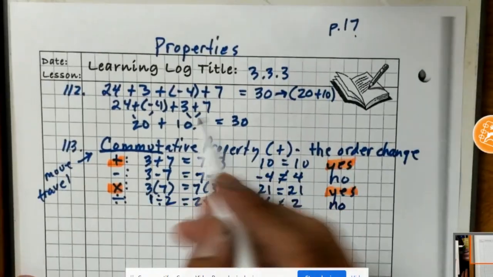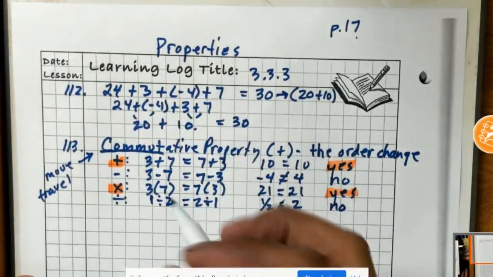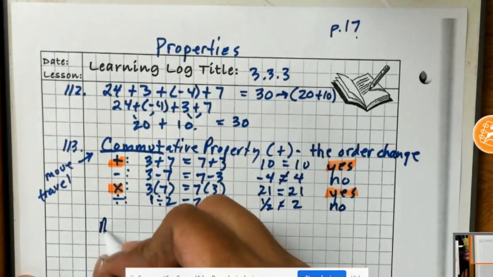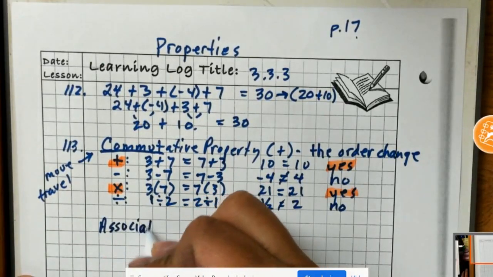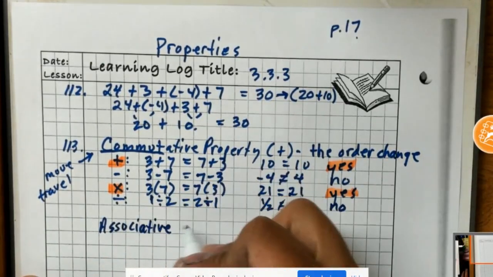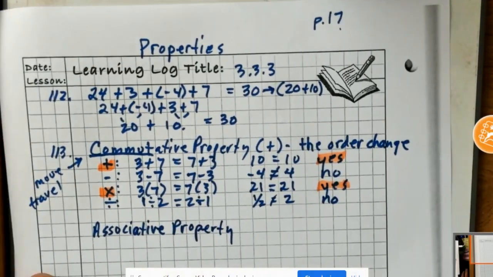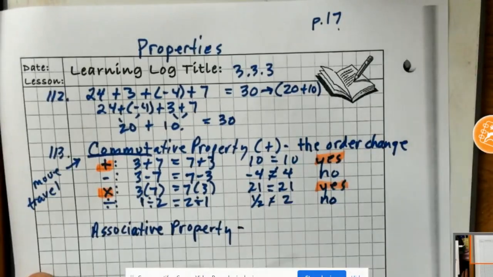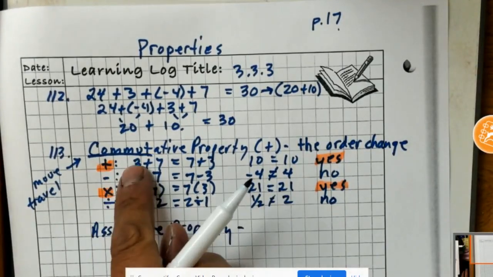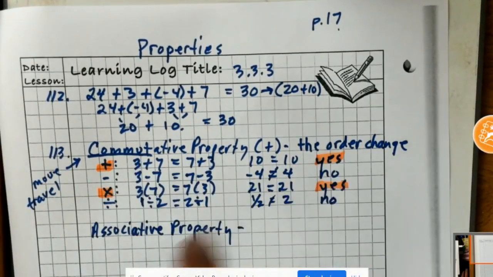Now the associative property, this is another property that Juno used up here. Associative property is, now just like commutative, I took commute, means to move or to travel, the order changes.